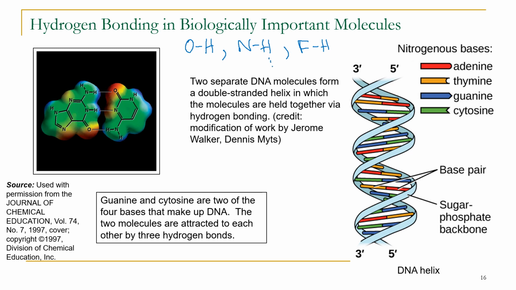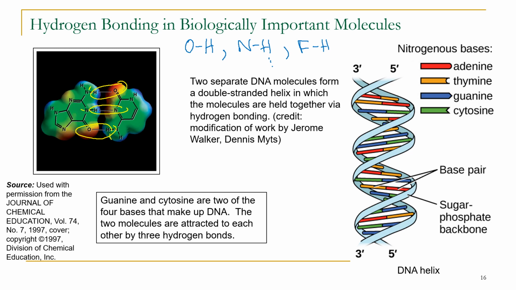So you can see here, let me use a different color, it could be between an O of any kind and an H that's attached to either an N, O, or F. And so here you can see that here's an N attracted to an H, here's an H attracted to an O. So the H has to be attached to an N, O, or F, as you can see here.